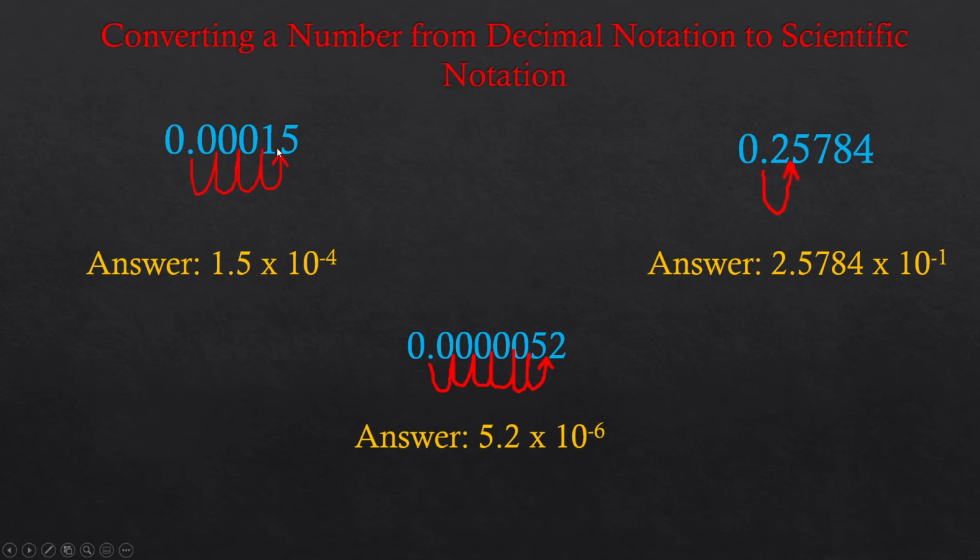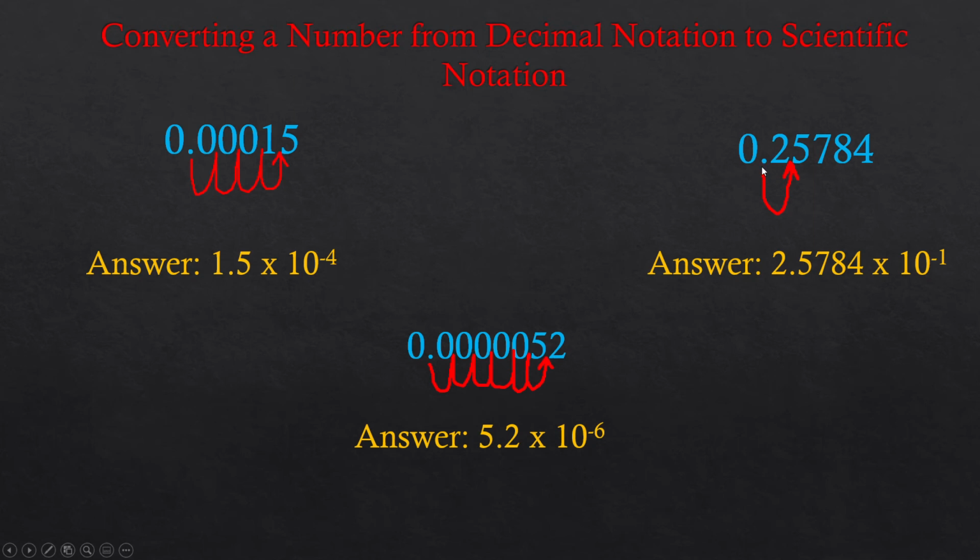To the left side of the decimal, there's only one non-zero digit, which in this example is the digit 1. So we're going to have for an answer 1.5 times 10 to the negative 4. And remember, when we're moving to the right side, we're going to have a negative exponent. And we moved a total of 4 times. That's why we have the digit 4.